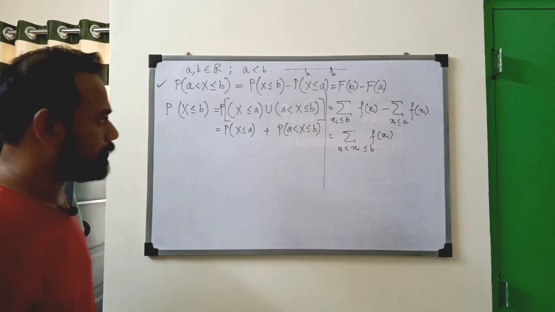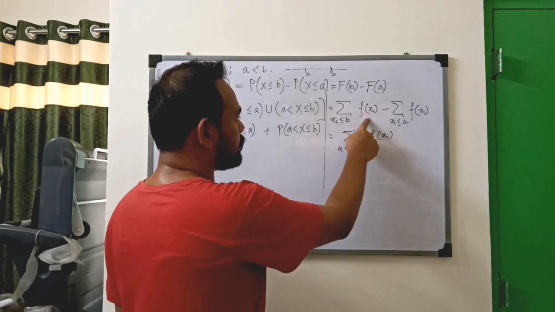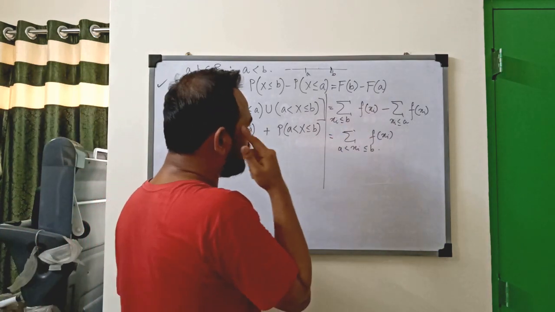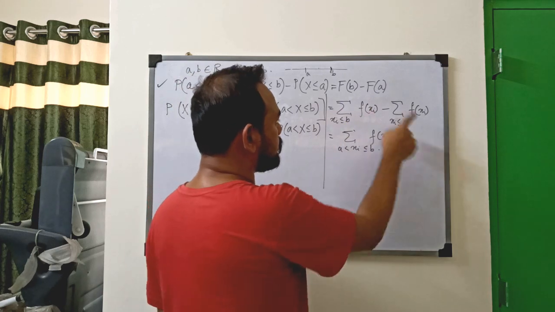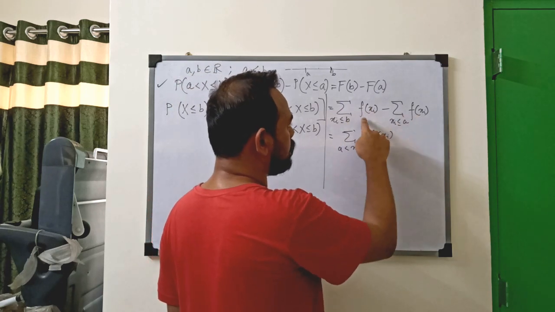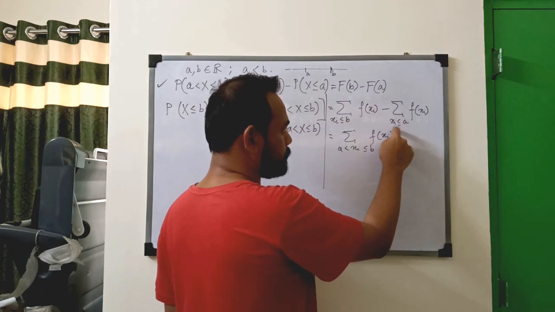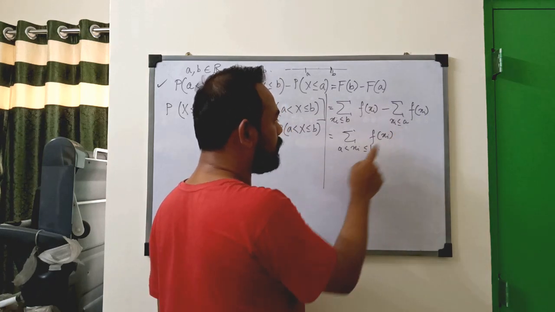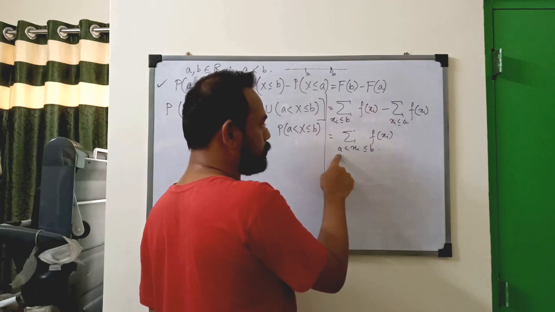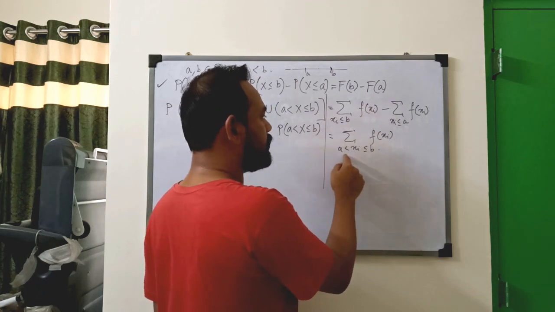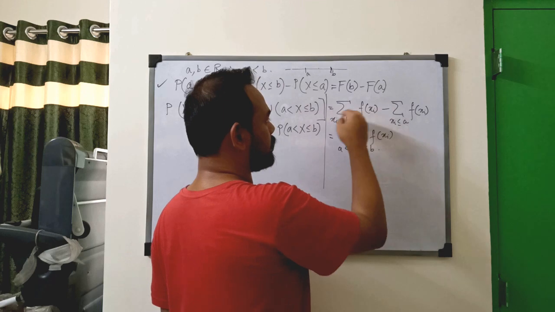I hope that much is clear, because you're adding the PMFs of the spectral points which are all less than or equal to B, and then you're subtracting the PMFs of the spectral points which are less than or equal to A, so you're left with only those spectral points which are between A and B. Okay? So this is the bigger sum.